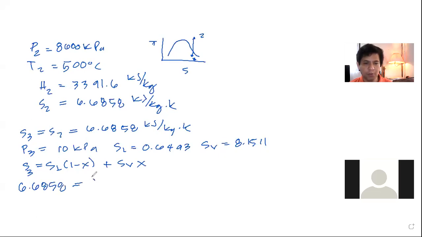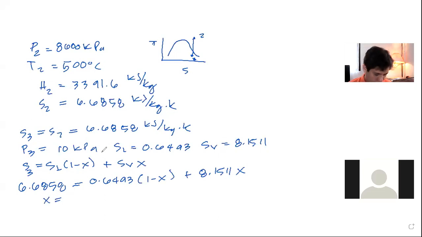Tapos, SL is 0.6493 times 1 minus X. Tapos, 8.1511 times X. So, you're supposed to get X. Yung quality niya ay 0.8047. So remember, ang quality ay mole fraction ng vapor. So ibig sabihin, yung water nyo is mga approximately 20%, di ba?